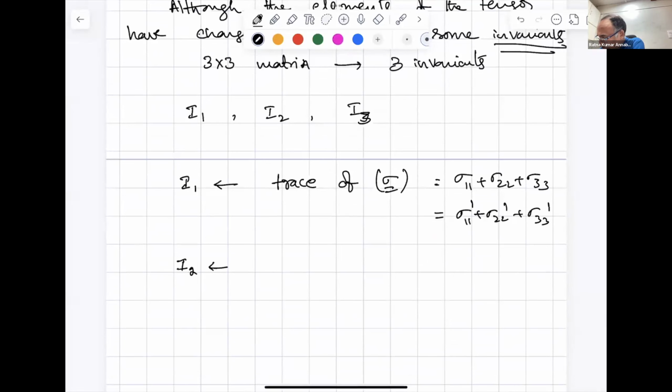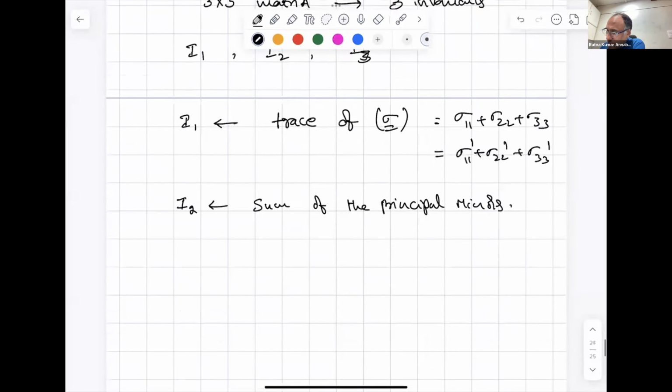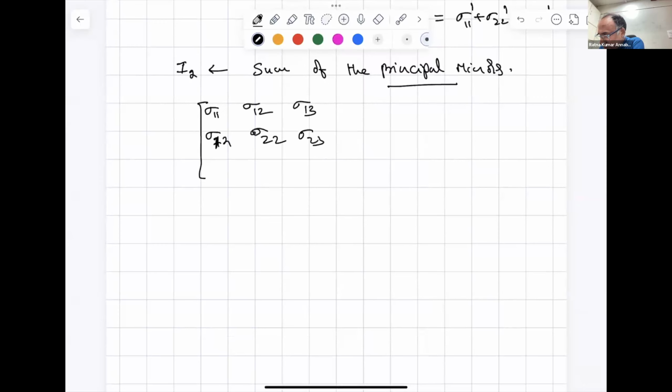I2 is called the sum of the principal minors. What is a principal minor? You know what is a principal minor? Suppose you take sigma 1, 1, sigma 1, 2, sigma 1, 3, sigma 1, 2, sigma 2, 2, sigma 2, 3, sigma 1, 3, sigma 2, 3, sigma 3, 3.